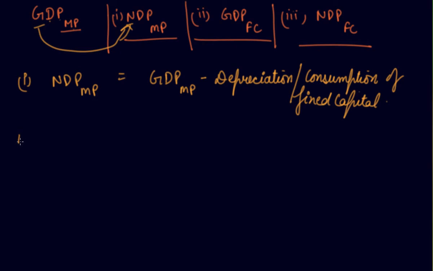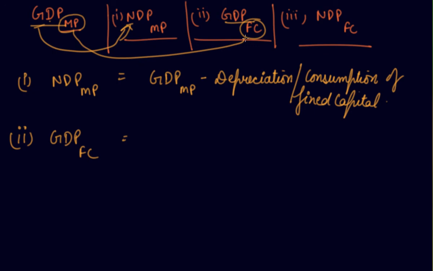The second we have is GDP at FC. Now from GDP at MP, you have to calculate GDP at FC. See, now GDP and GDP are same, right? You have to take into consideration MP and FC only. Now you have to convert market price into factor cost.